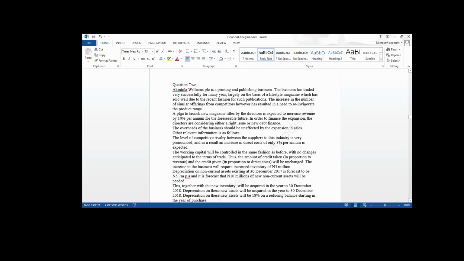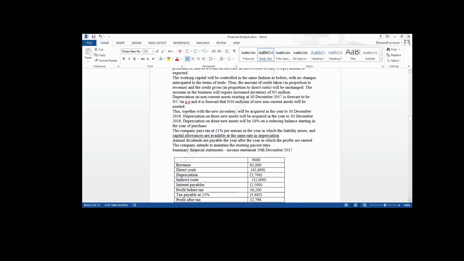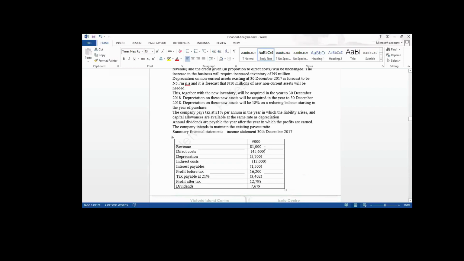A plan to launch new magazine titles by the director is expected to increase revenue by 10% for the foreseeable future. In order to finance the expansion, now look at it. That means our revenue in 2017 was 81,000. Revenue will increase by 10%.